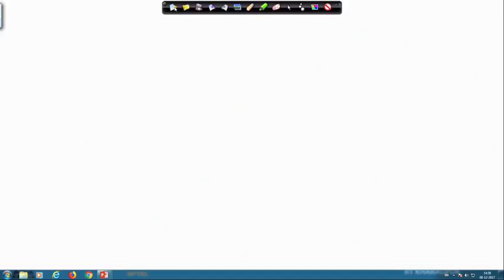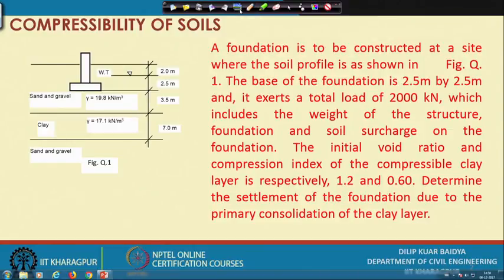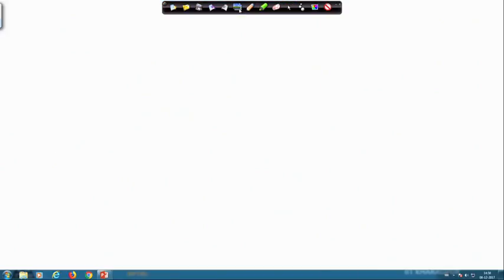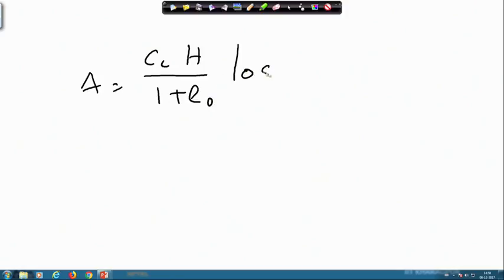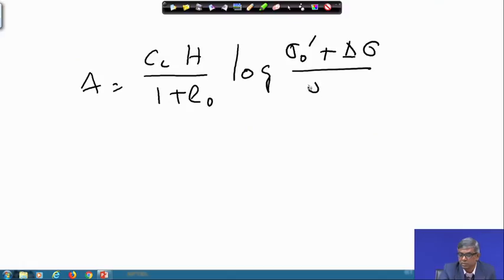Now, our formula was delta will be equal to C c into H by 1 plus e naught, log of sigma naught dash plus delta sigma divided by sigma naught dash.